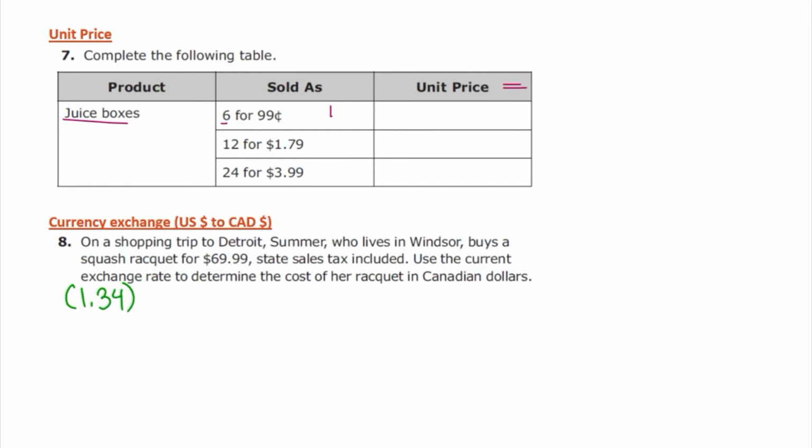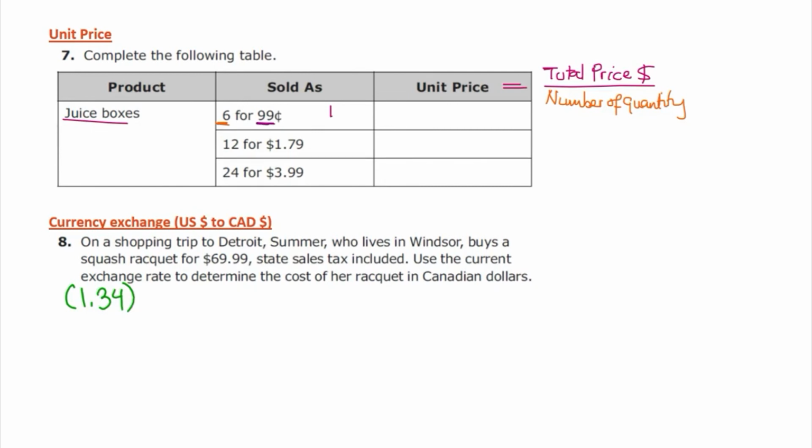What we want to do is divide our total price in dollars by the number of quantity. So here, the number of quantity is 6, and 99 cents is actually the total price.